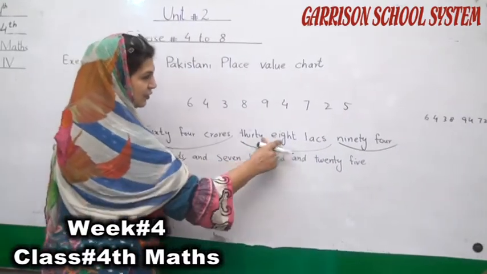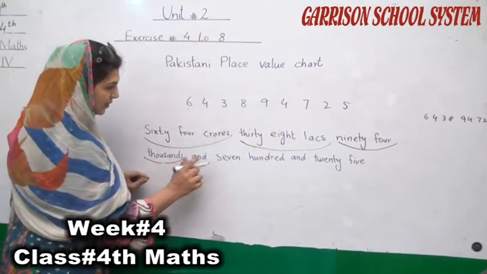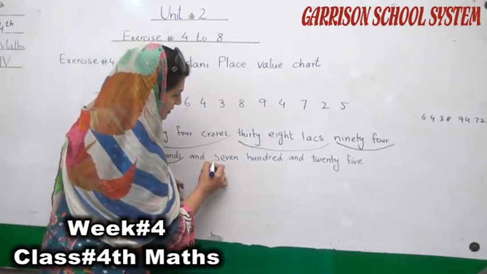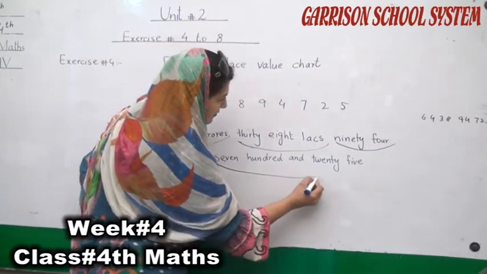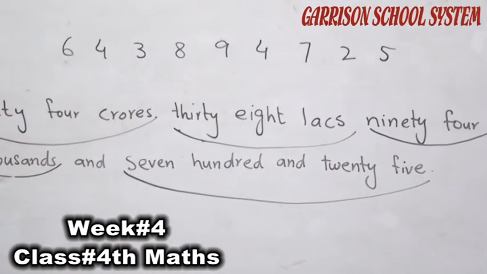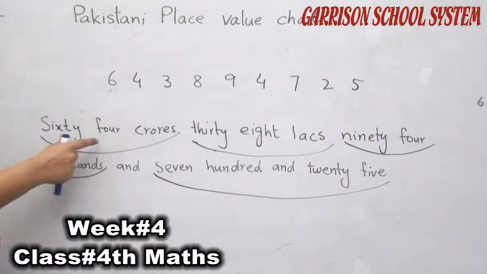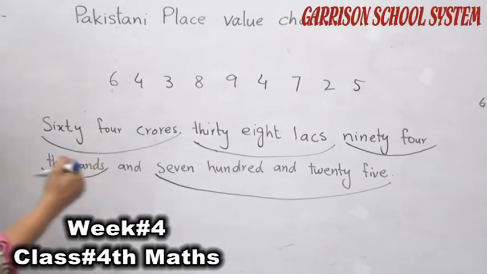One group, second group, and this is the third group, and in the last 725, this is the fourth group. So students, we can write this number in this way.